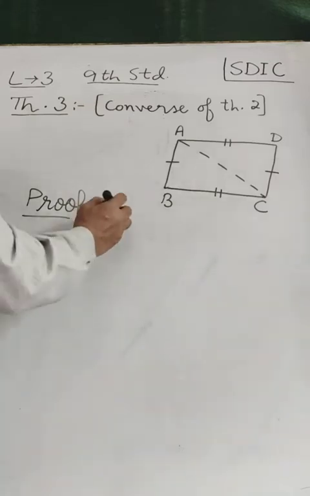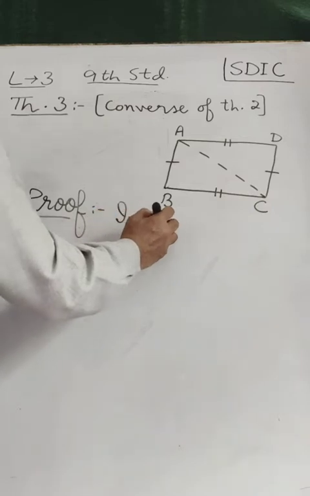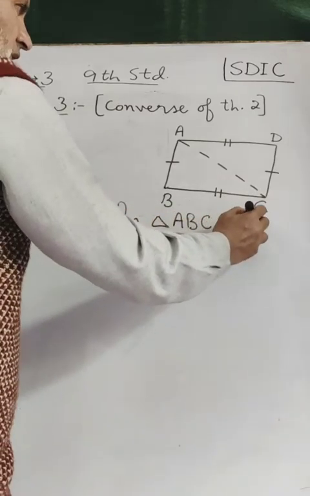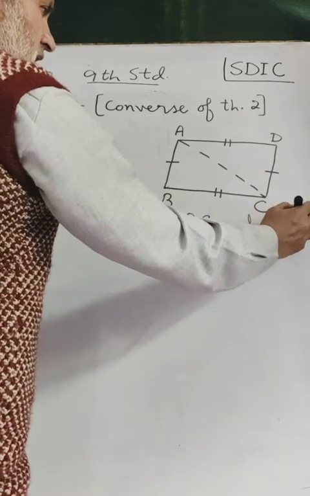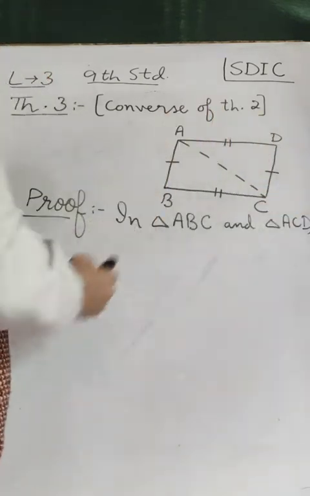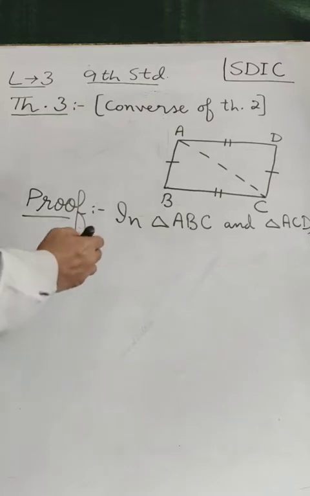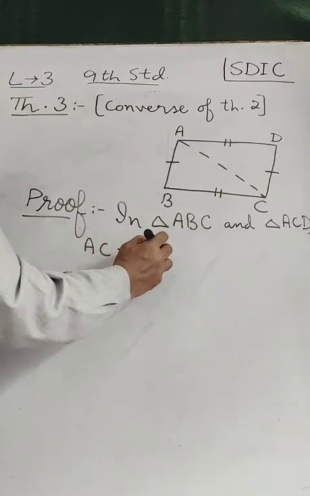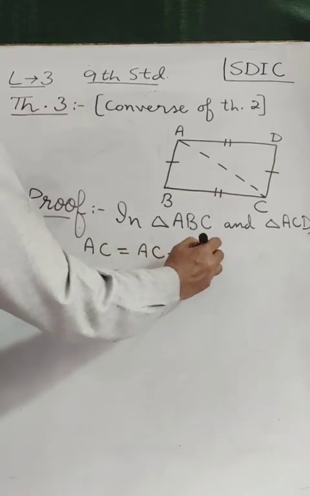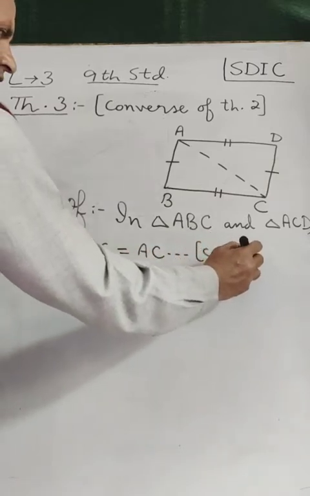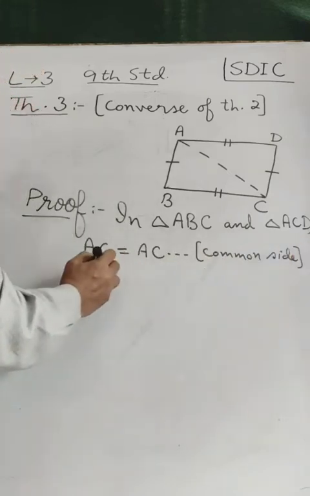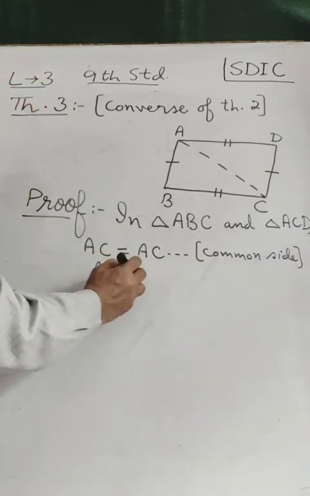Let us prove. You write in triangle ABC and triangle ACD, we have AC is equal to AC, common side is the reason. AB is equal to CD.